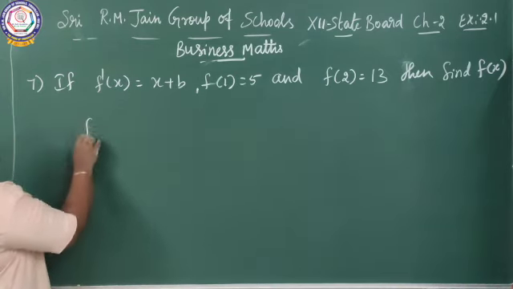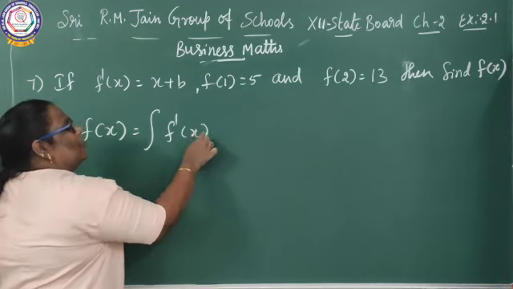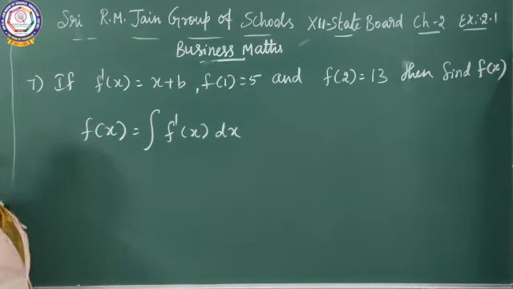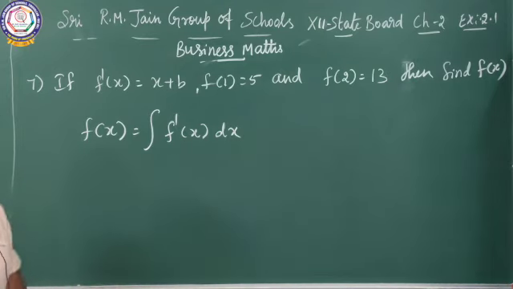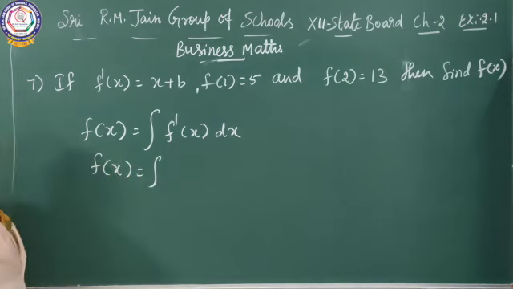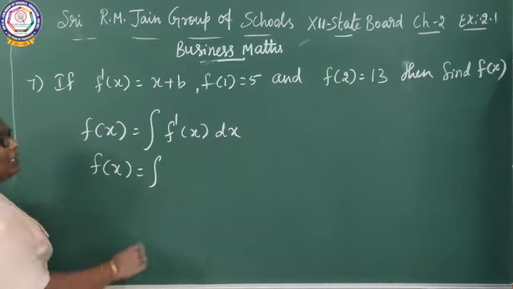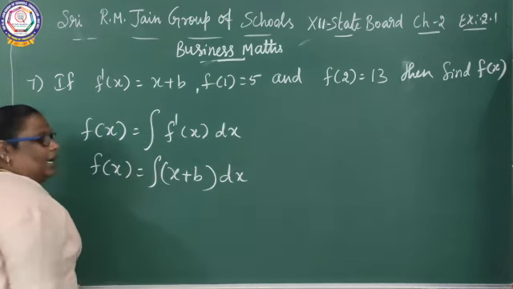What I should do? F of x equal to integral f dash of x into dx. So, f of x equal to integral, what is my f dash of x? X plus b into dx.